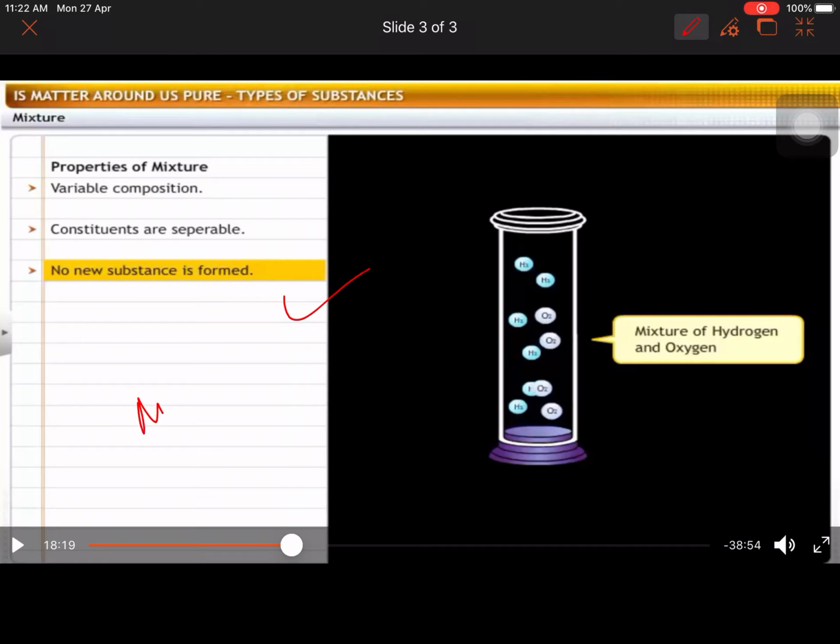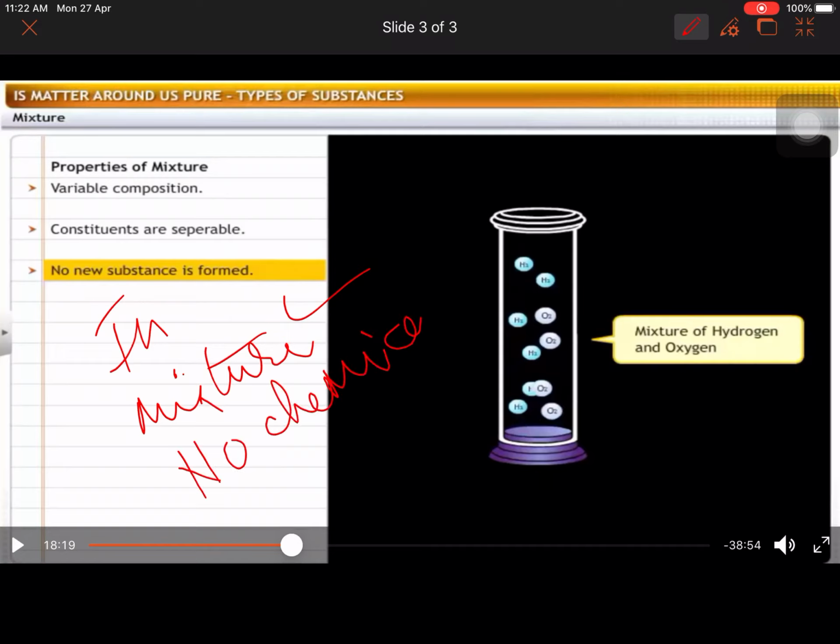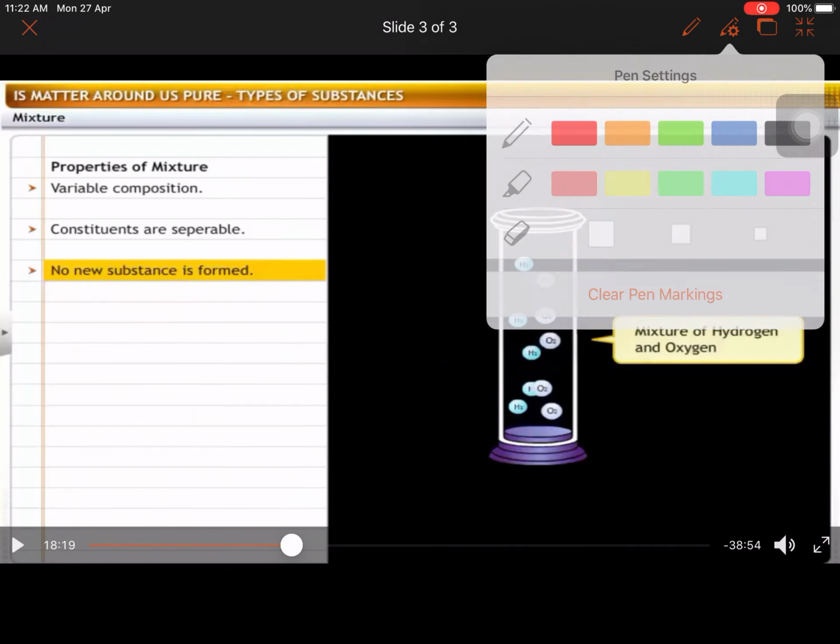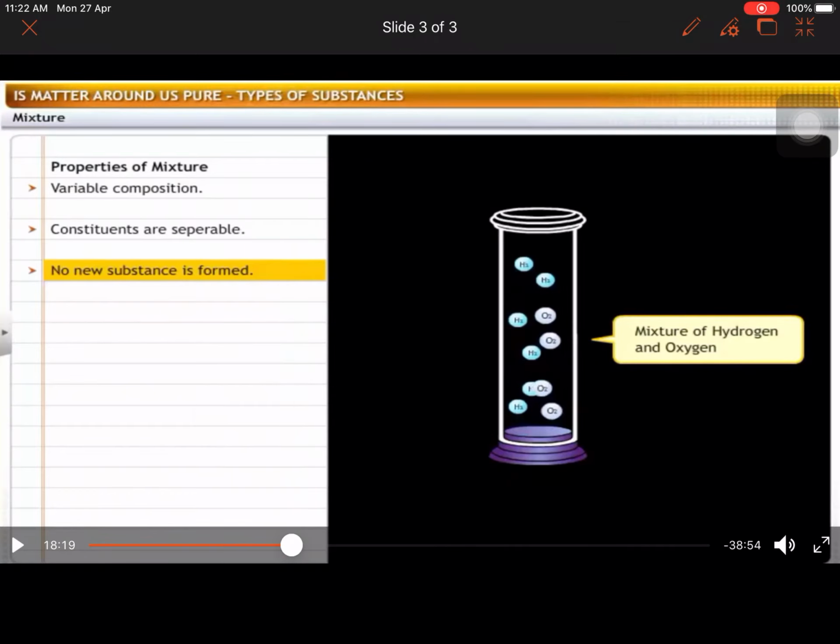So in a mixture, there is no chemical bonding. To get a new substance, there has to be chemical bonding, correct? Old bond breaking and new bond formation. But in a mixture, there is no chemical bonding. That is why no new substance can be formed in this.